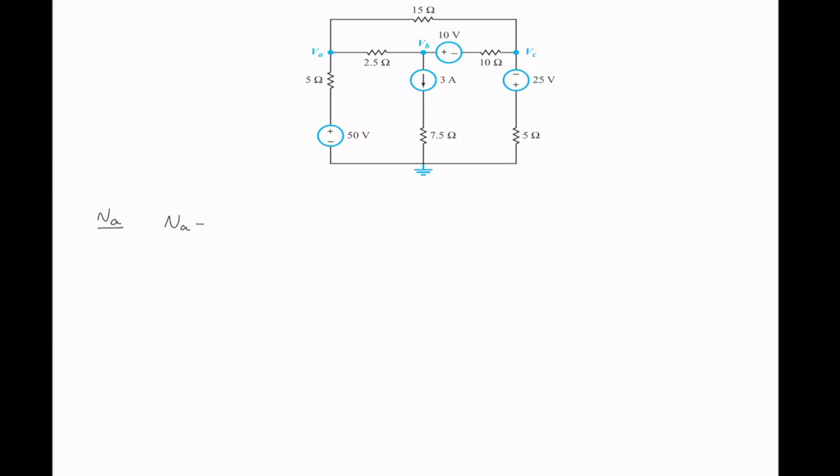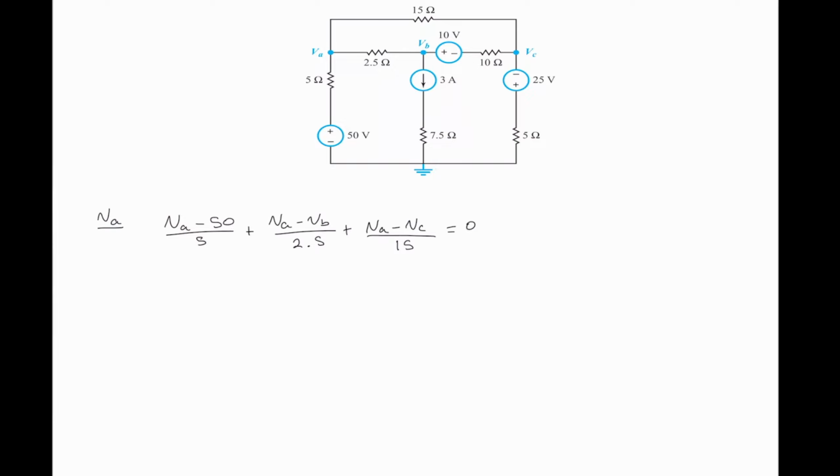So that's minus 50 volts all over the total resistance in that branch, which is 5 ohms, plus VA with reference to VB, that's VA minus VB all over 2.5 ohms, plus VA with reference to VC, that is the top branch of the circuit, and the total resistance in that branch is 15 ohms, and that is equal to 0.